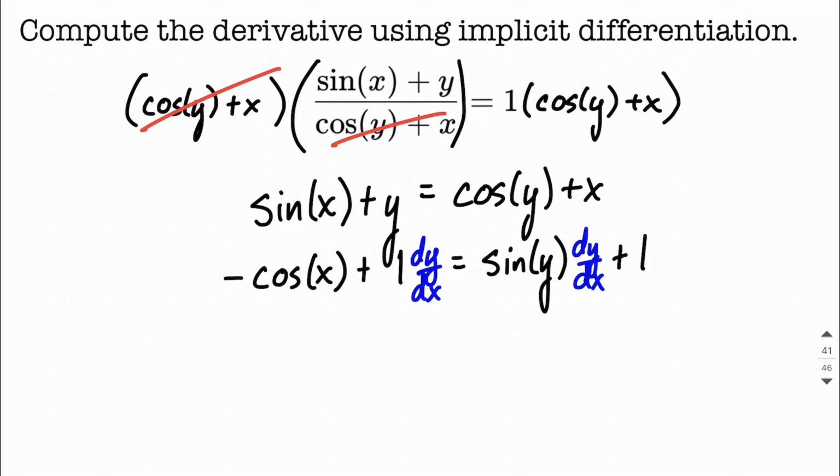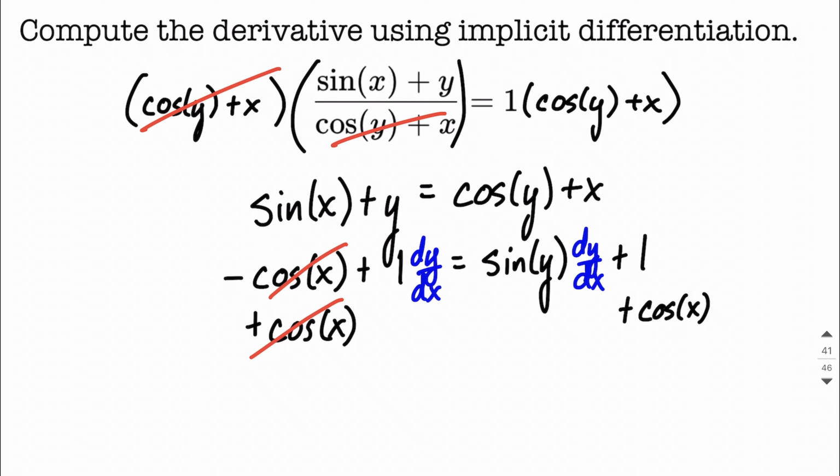All right, next, what I'm going to do is just rearrange this. The end goal is to get all the terms that have dy dx's on one side, all the terms that don't on the other side. It doesn't really matter which direction you move things around. I'm going to choose to move that cosine of x to the right-hand side by adding it. On the left-hand side, negative cosine of x plus cosine of x goes away.